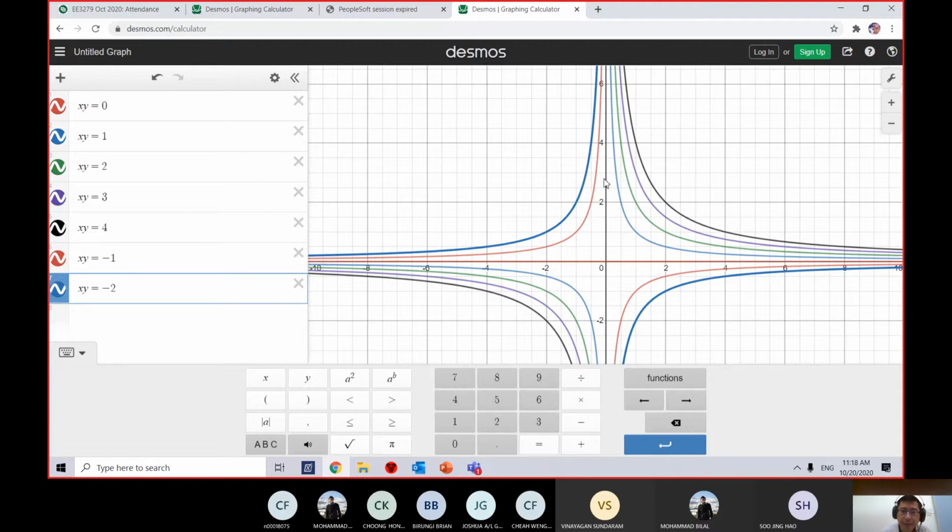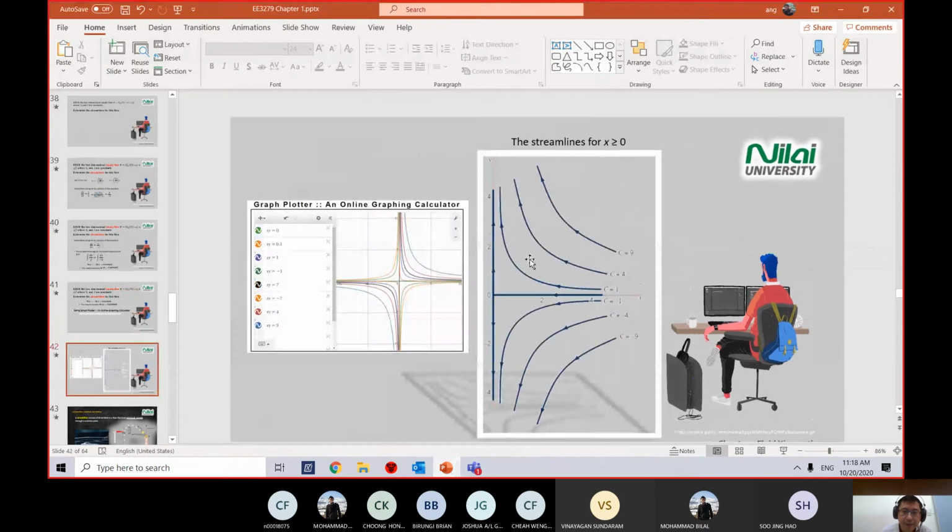Okay, now we have this shape. We'll come back to this shape later on. In this question, we are only interested in x more than 1, I mean x positive value.